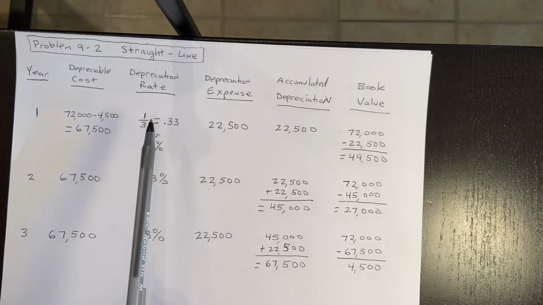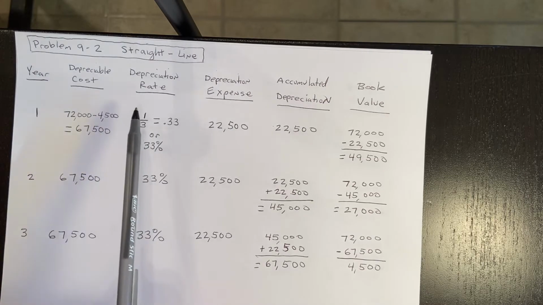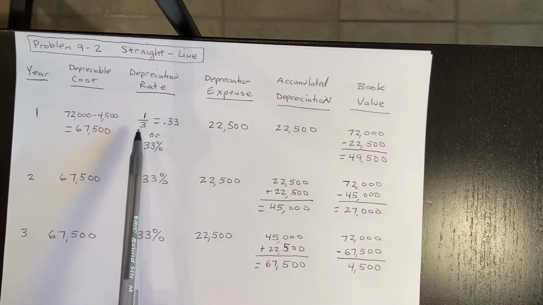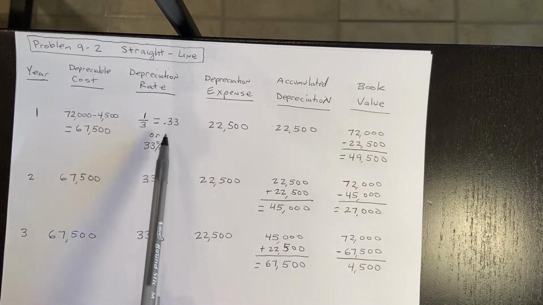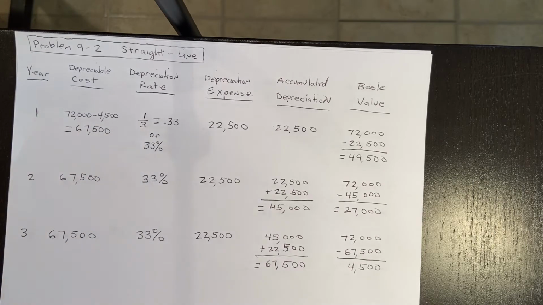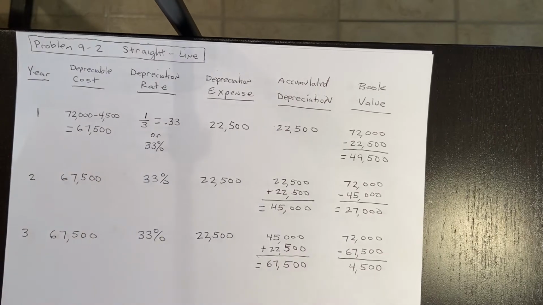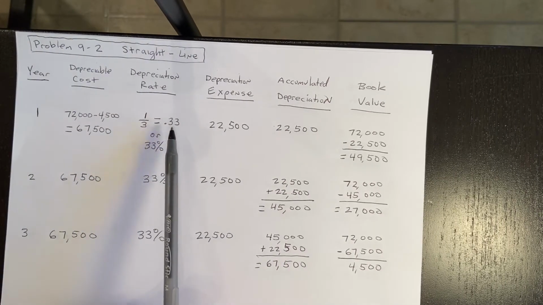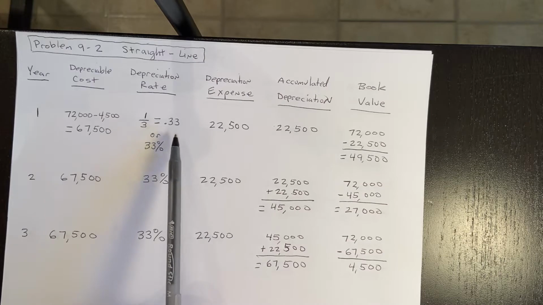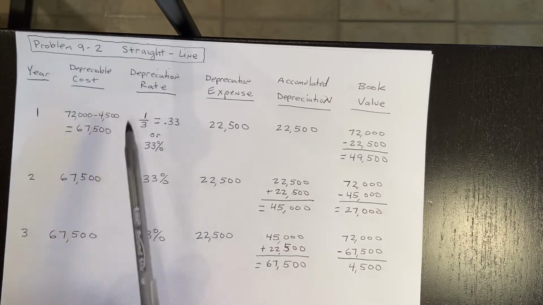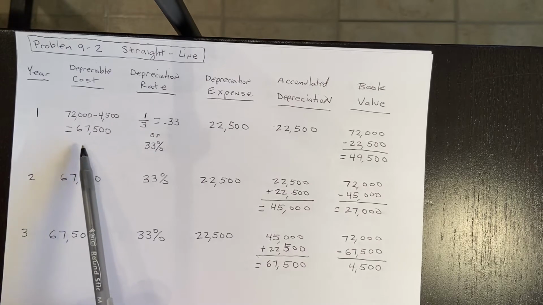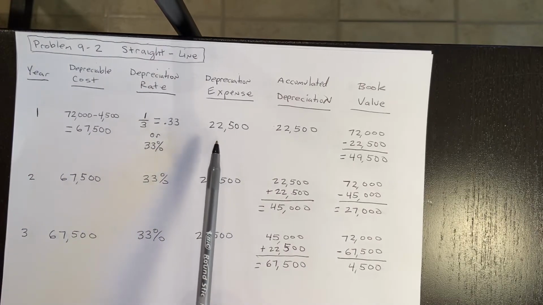The depreciation rate is always going to be 1 divided by the number of years it's going to last, which would come out to 0.33. I just made it 2 decimal points; depending on how far out you let it go, the 3 keeps repeating itself. If you take 33% of 67,500, that's where the 22,500 comes from.